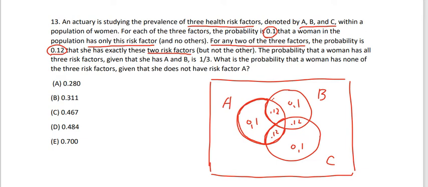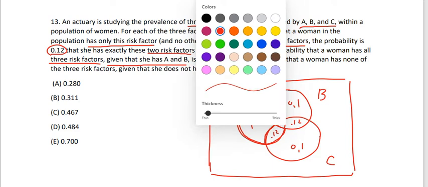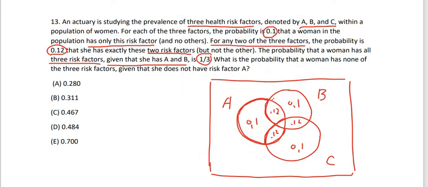Okay. So the probability that a woman has all three risks, given that she has A and B, is thus, so there's a conditional. She has A and B, which part is that? So let's see. A and B is this part. So here's A and B. So among the A and B, this woman has all three factors.